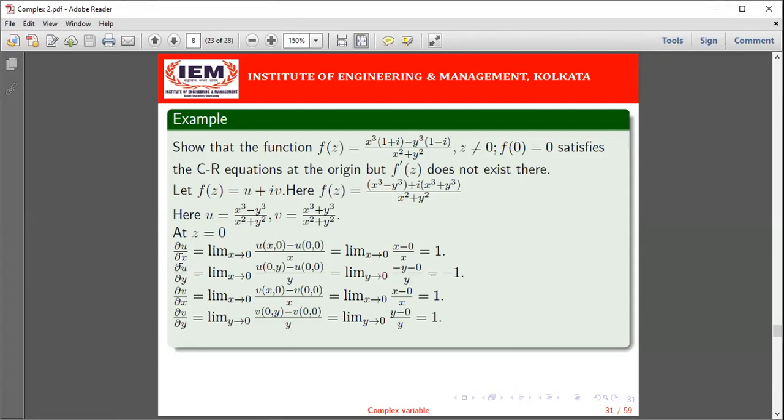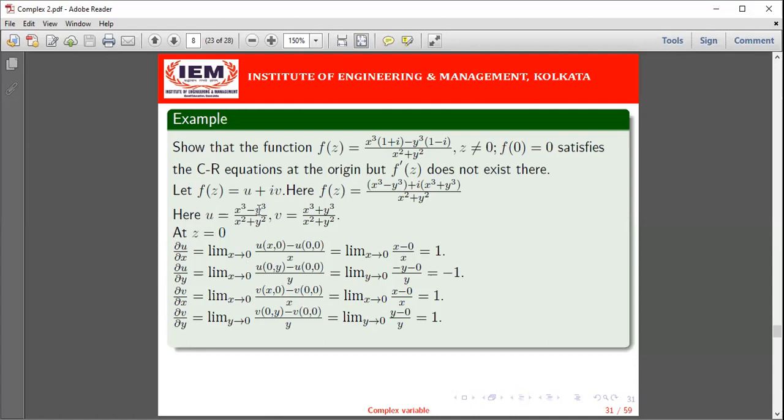So del u del x at 0 0 is the same as del v del y at 0 0, and del u del y at 0 0 is minus del v del x at 0 0. That's why they satisfy the Cauchy-Riemann equation. But if you find the partial derivatives del u del x, del u del y, del v del x, del v del y, and put x equals 0 and y equals 0, they are not defined, as I have just shown. That's why I need to use the definition to find the partial derivatives.